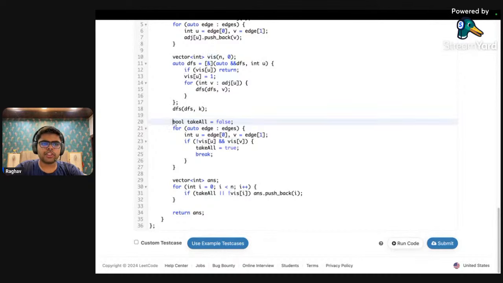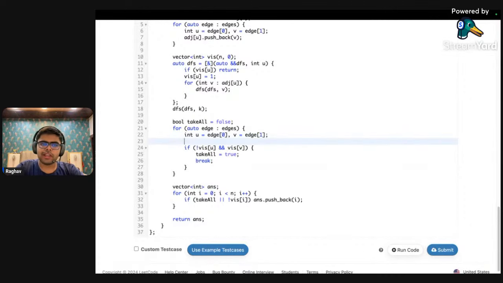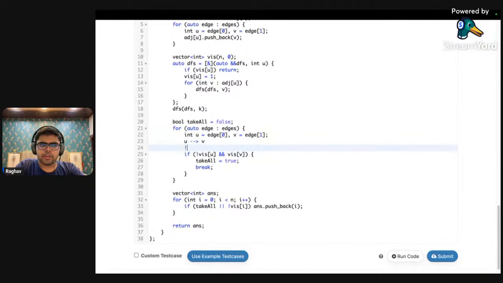So now you can check for each and every edge if there is any edge where a non-suspicious node has an edge to a suspicious node, like the edges are from U to V. So I'm checking that if U is not visited, it means that U is not suspicious.